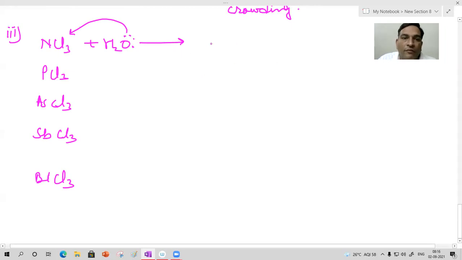So we are getting 3 mole of HOCl plus 3 mole of ammonia gas. Why? Because the center atom nitrogen does not have a vacant orbital. That's why the lone pair of oxygen attacks the surrounding atom of NCl3, like chlorine.